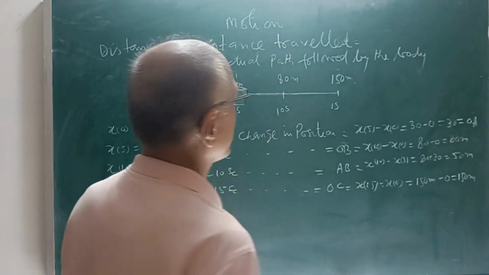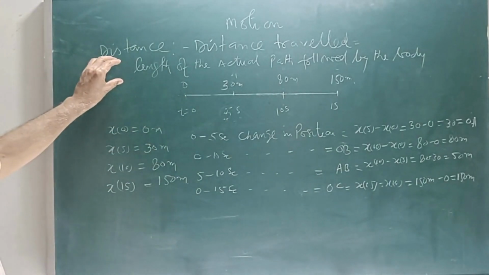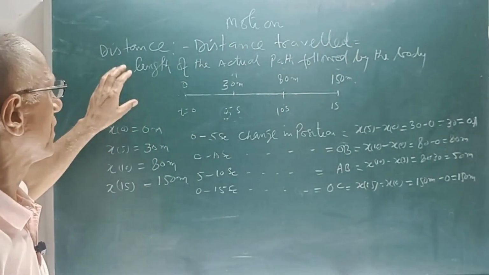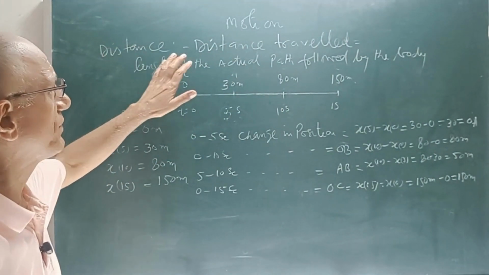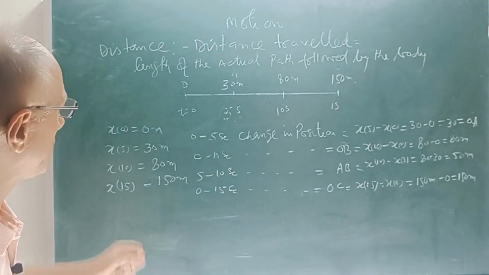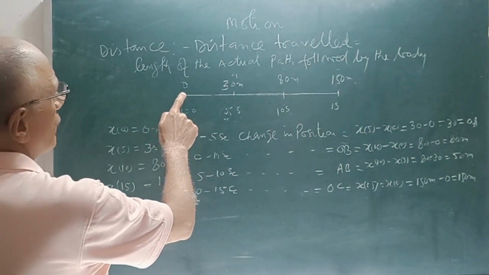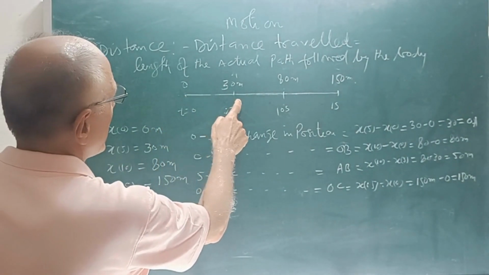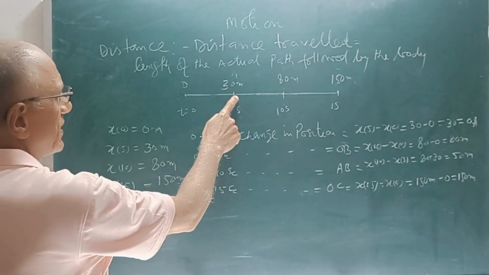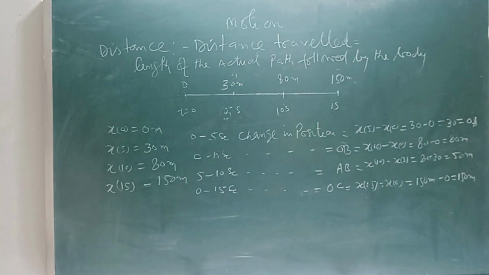Remember, distance or distance traveled is the length of the actual path followed by the body. So here if you are moving from O to A, at that time the displacement is OA as well as the distance is OA.